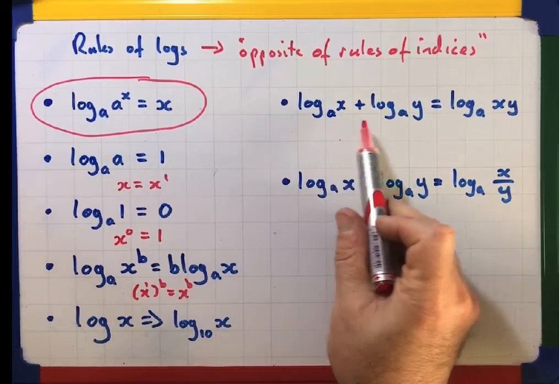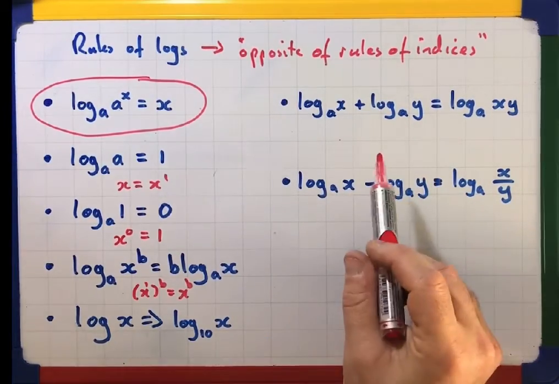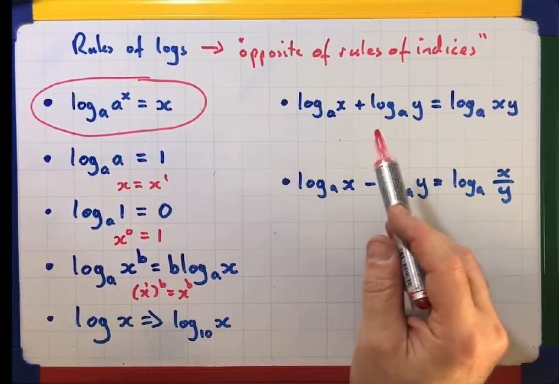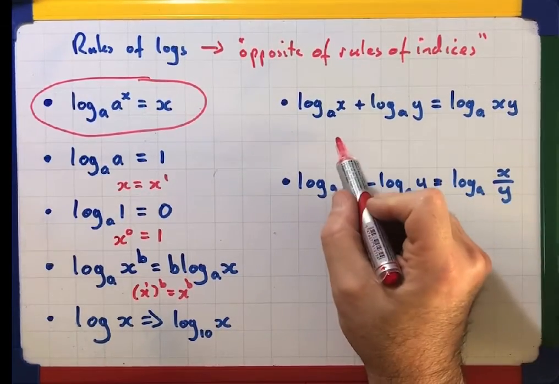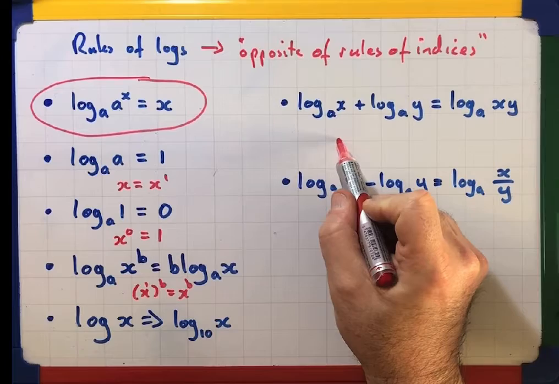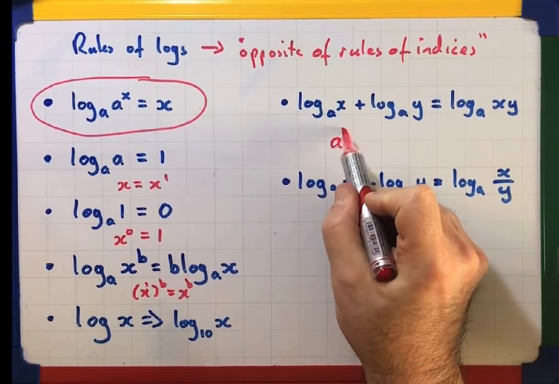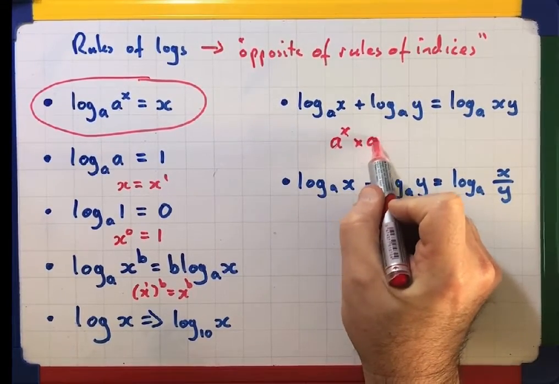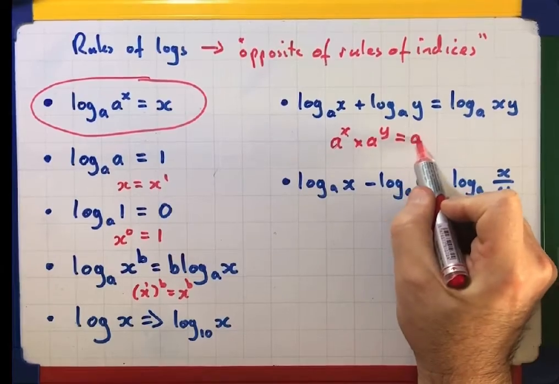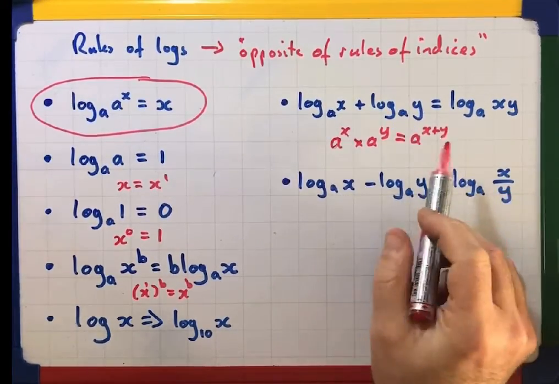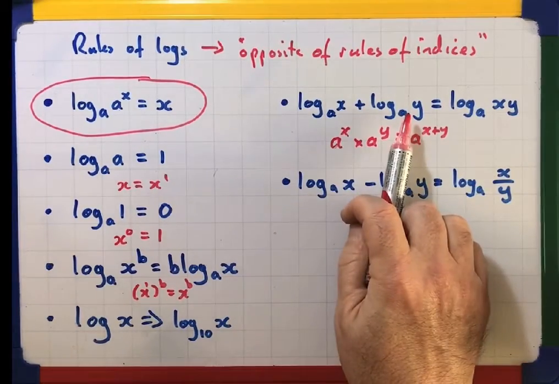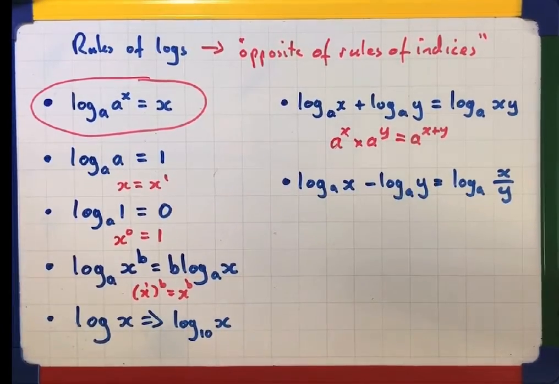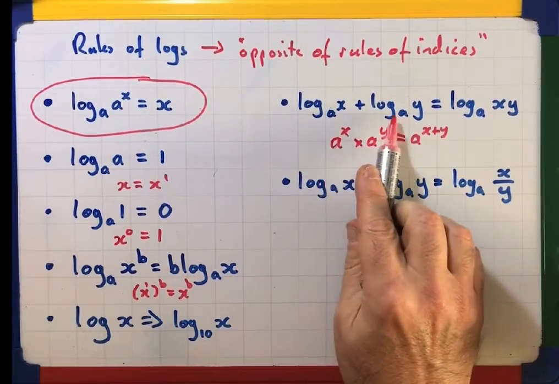You know, with indices, when we multiply, we add. So with logs, when you add, you multiply. You know how a to the power x times a to the power y would be a to the power x plus y, wouldn't it? Well, it's the other way round with logs. So when you add logs, you multiply inside, provided they are to the same base.